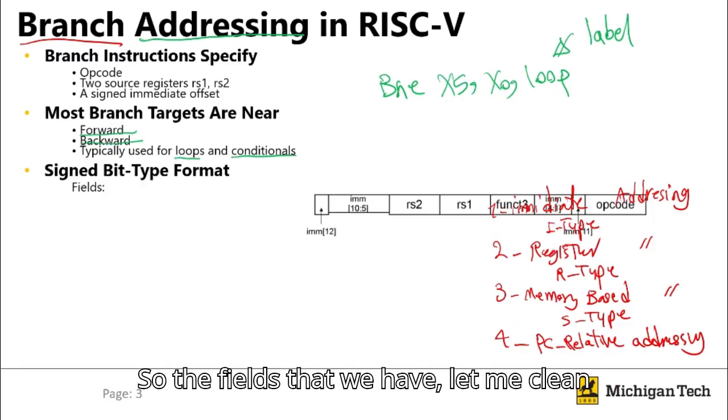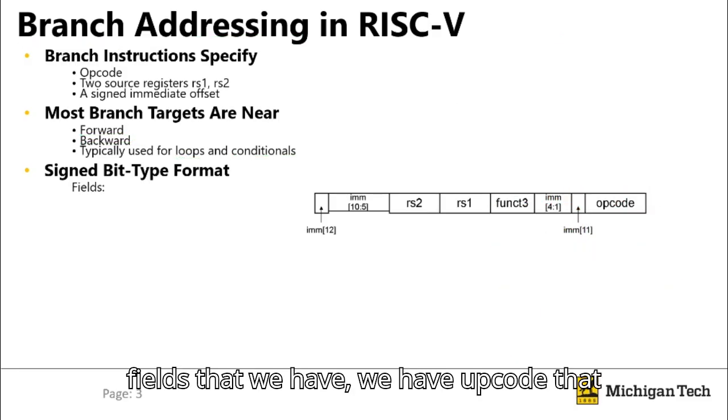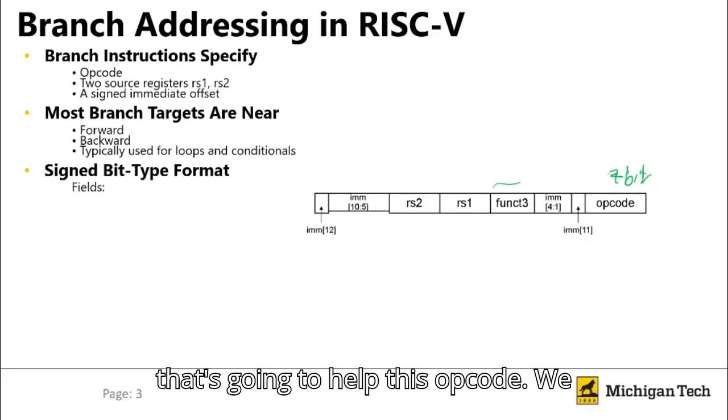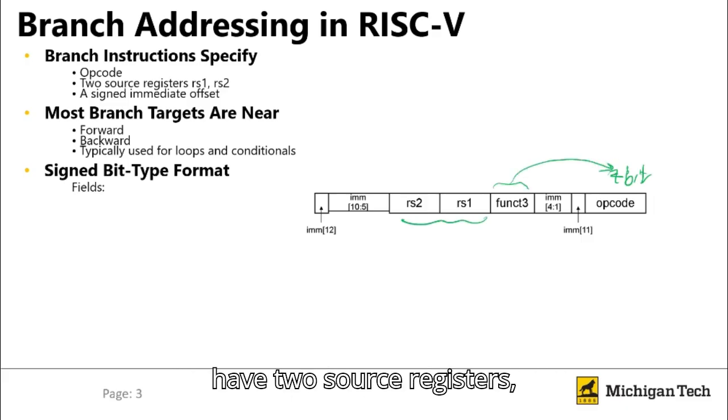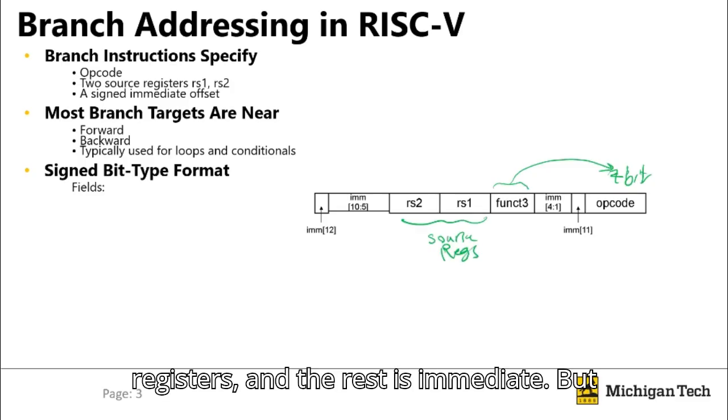So the fields that we have, well, let me clean this one. The fields that we have: opcode, that is 7-bit. We have this function field that's going to help this opcode. We have two source registers, and the rest is immediate.